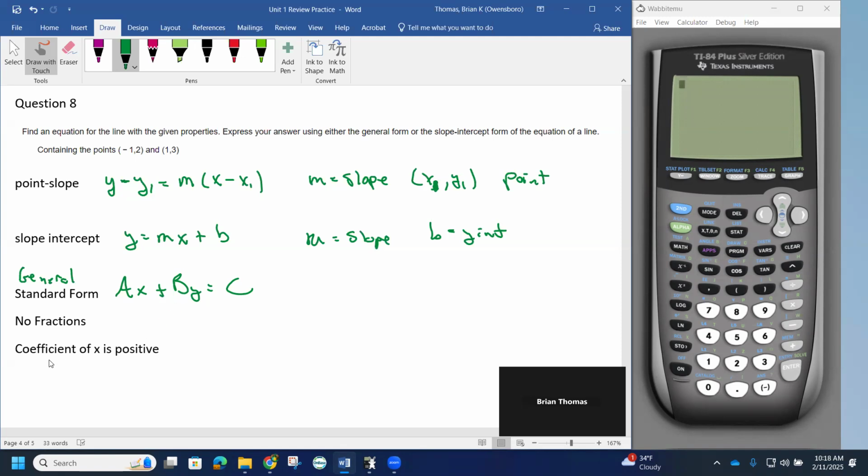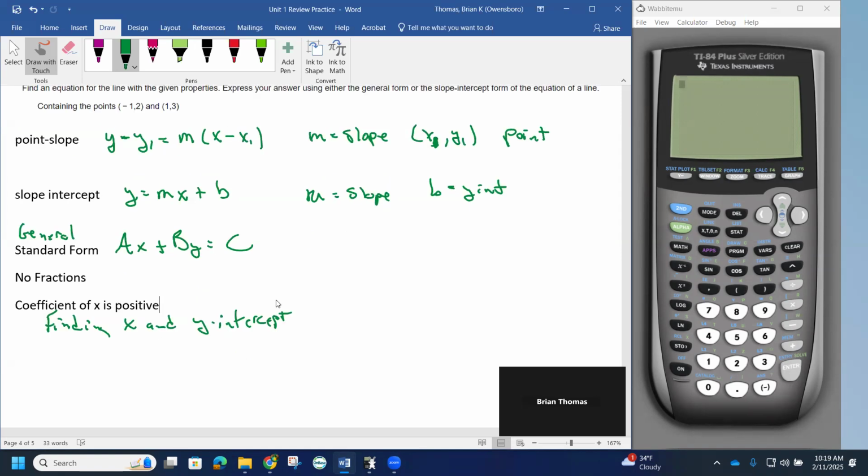This form is good to find the x and y intercepts. Standard form has a lot of good purposes. For graphing, x and y intercepts are usually pretty easy to identify.